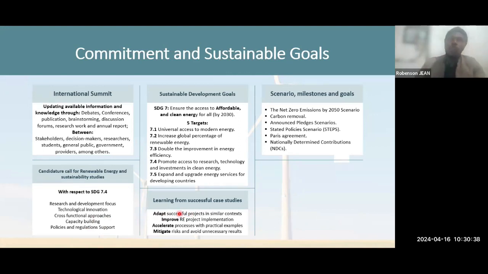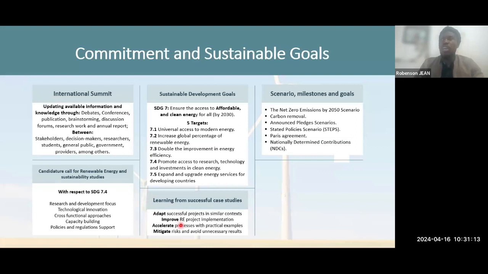For instance, if we have a successful project in the south of Mexico, and we have another project to implement in the north of Guatemala, we're going to look for some similarities, and if we have the same similarities, we can try to adapt the successful case of Mexico to Guatemala, but we also have to notice the differences because they are not going to be the same.